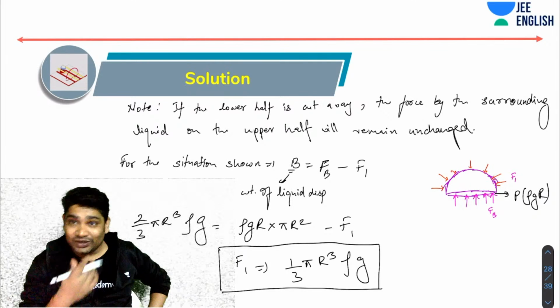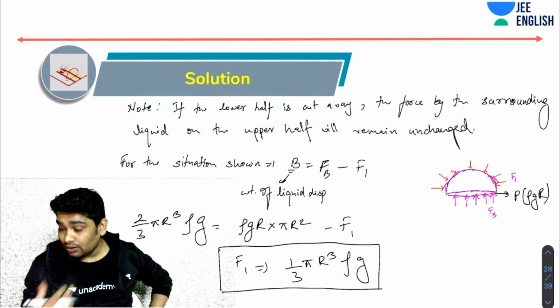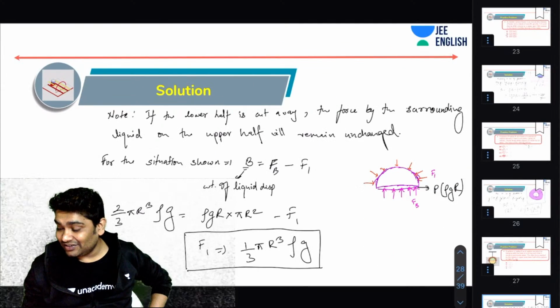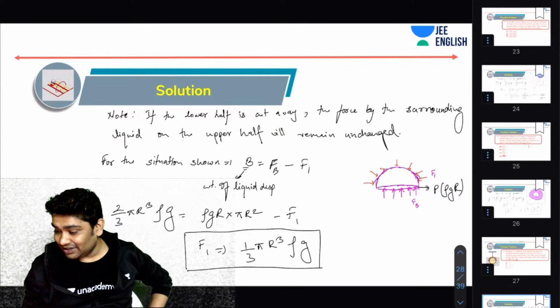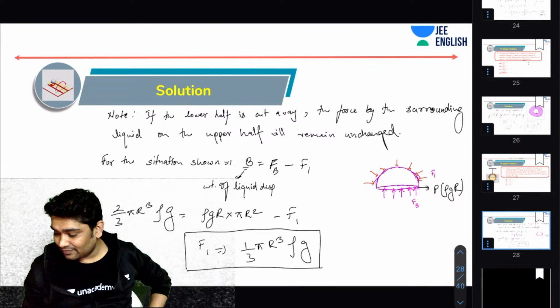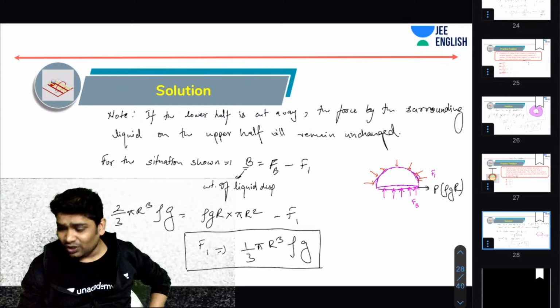Now, again, you could have also calculated this another way. I'll tell you another way of calculating this. Okay, so for those of you who are not convinced with this, I will tell you another way of calculating this.